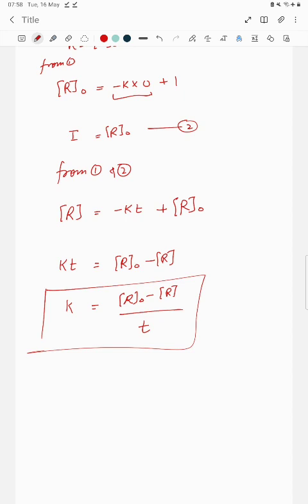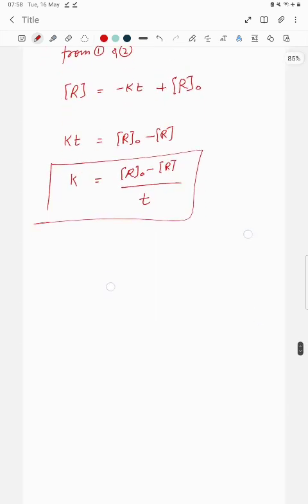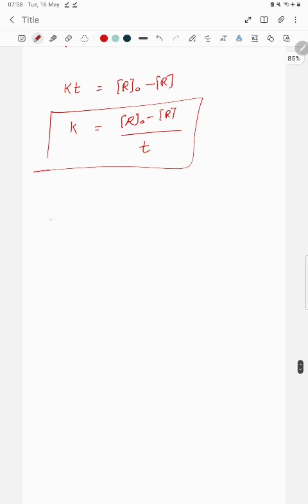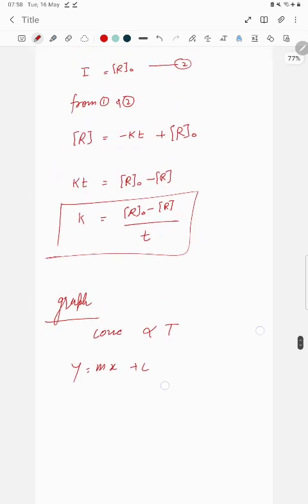Now we need to draw the graph. How can you draw the graph of concentration versus time? Which equation can fit y equals mx plus c?